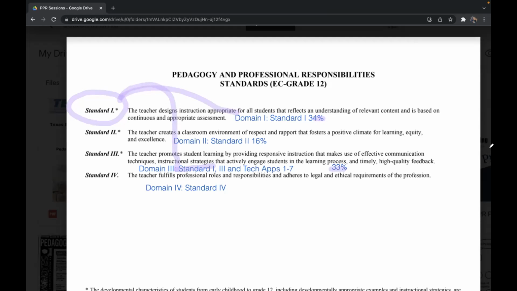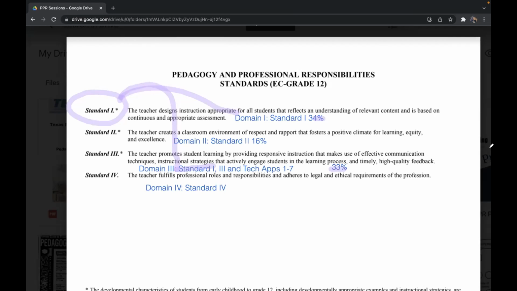So having a very, very solid understanding of standard 1, which is the teacher designing instruction, that's you creating, composing, planning instruction appropriate for all the students, EC through 12, EL, special ed, socioeconomic disadvantage, divorced student, homeless student, whatever they tell you in the scenario, appropriate for all of them, that reflects your understanding of the content.